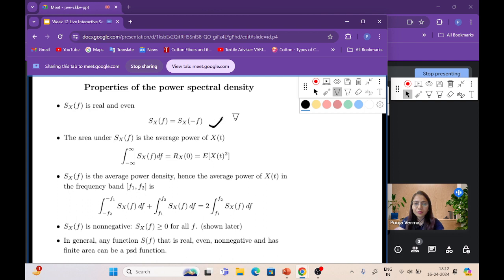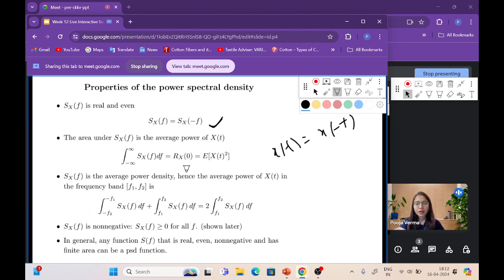I have already told you what an even signal is, the property x of t is equal to x of minus t. So power spectral density is also an even function. The second property is the area under Sx of f is the average power of x(t).